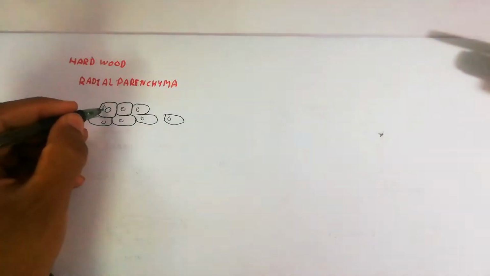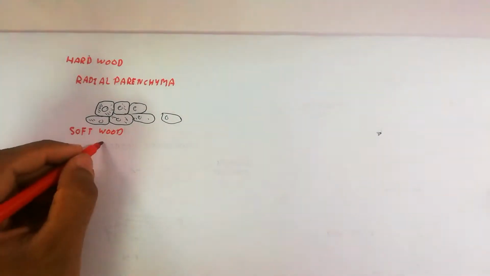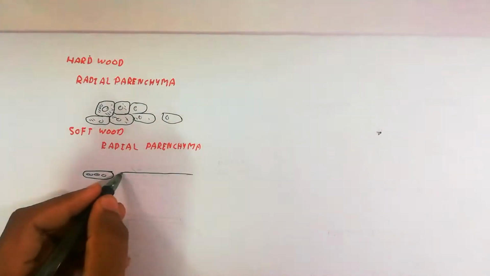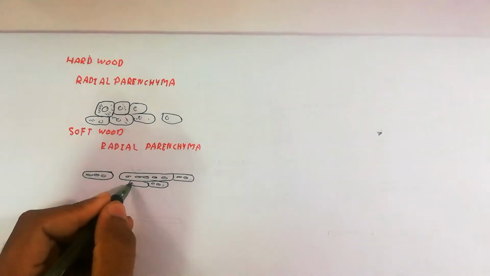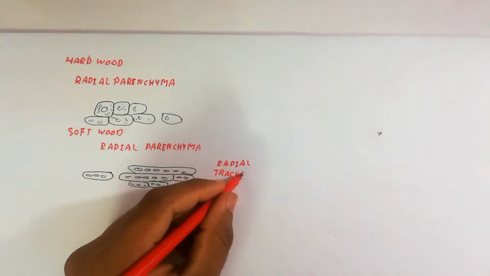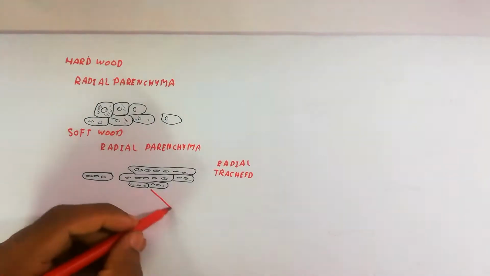The xylem ray lies in the woody plant. The ray vessel is here, and the vessel is basically in hardwood. Hardwood contains radial parenchyma, as shown in the figure.